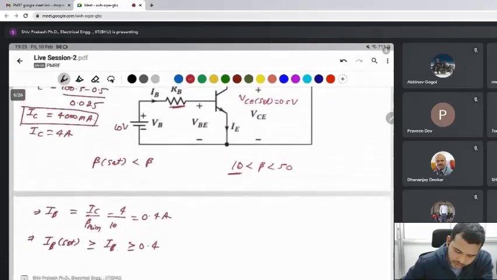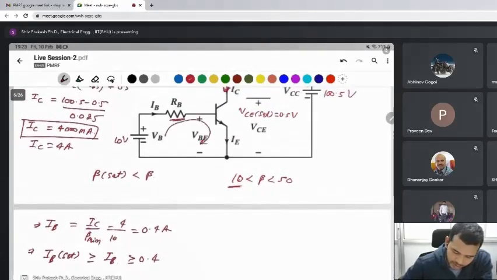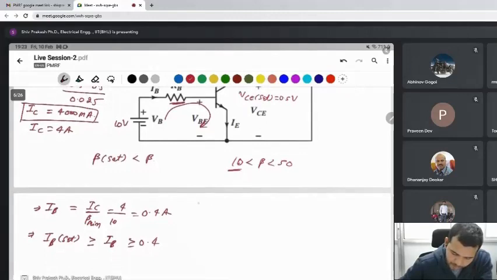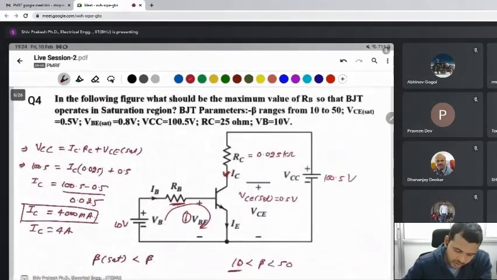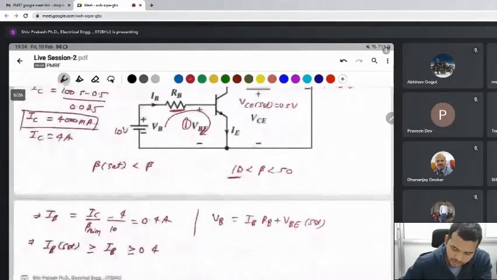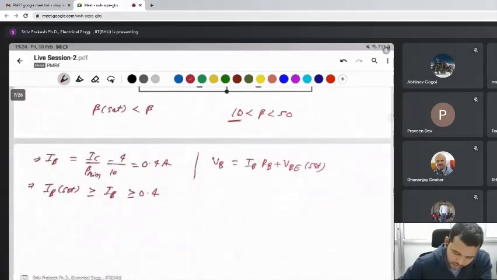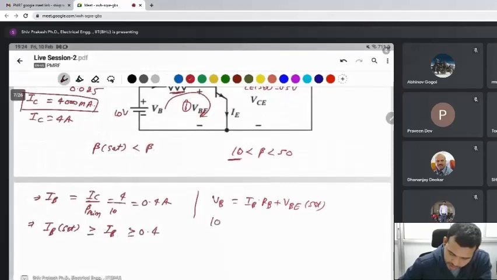Now apply KVL in the base loop. VB is equal to IB times RB plus VBE, all at saturation values. VBE saturation is given as 0.8 volt. So 10 equals IB times RB plus 0.8 volt.